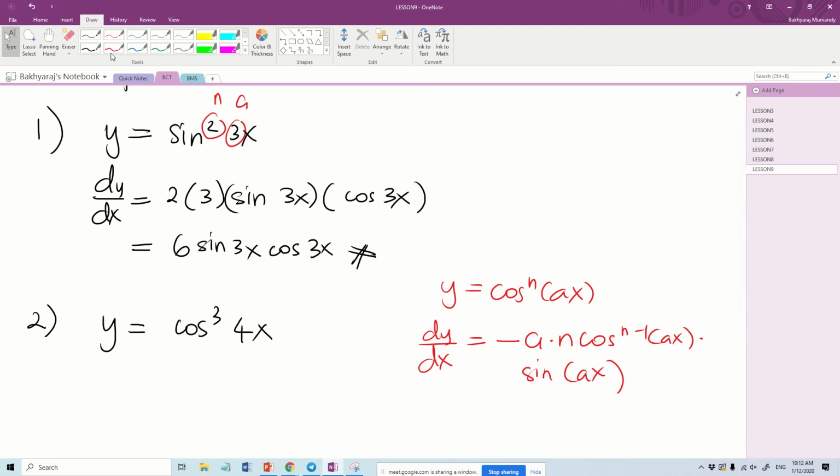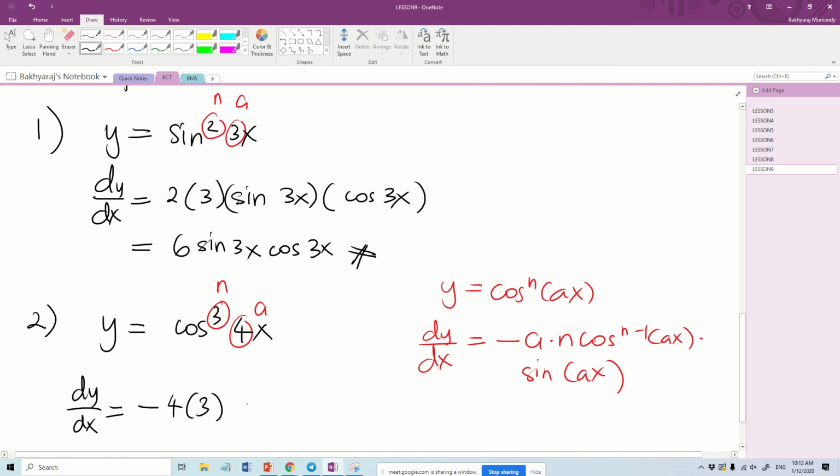So again, what is my a? a is 4 and n is 3. Let me put it into the formula. So the formula will give me dy dx equal negative, because cos gives you negative, right? So negative 4 times 3, you get cos power of 2 for x times by sine for x.